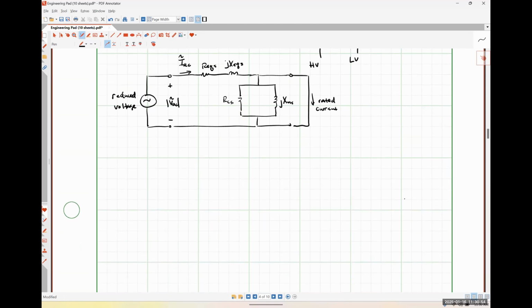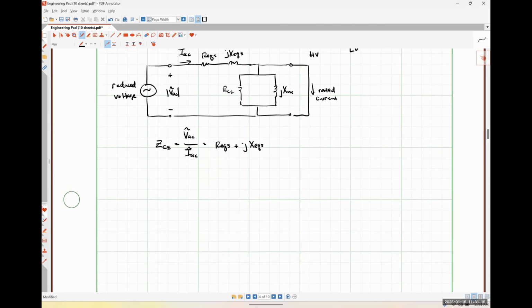All right, so our short circuit impedance will be the ratio of that AC voltage to that AC current, which is going to be then just REQS plus JXEQS, where, again, I'm not going to make you guys suffer through things.